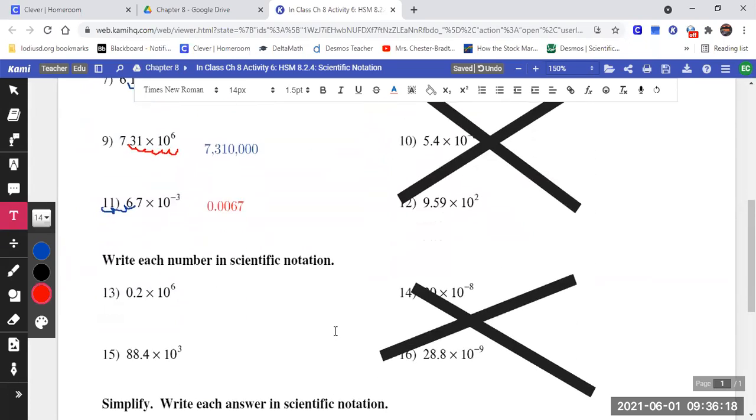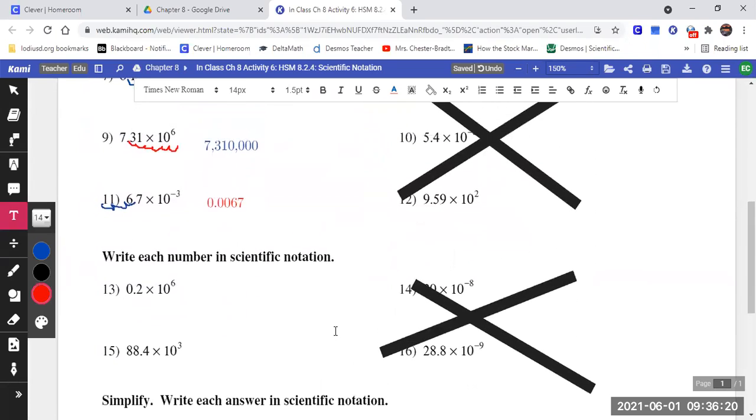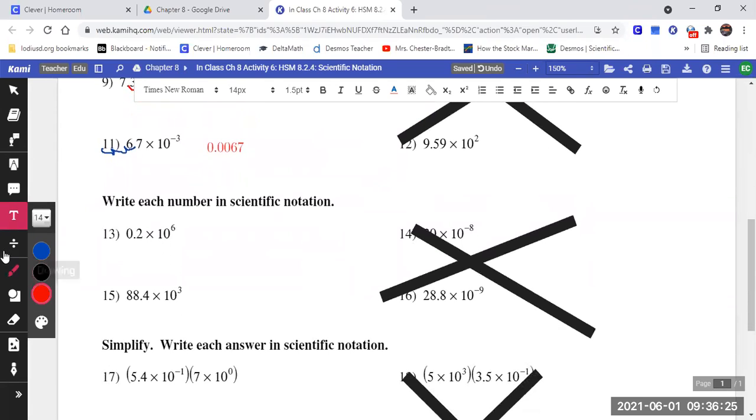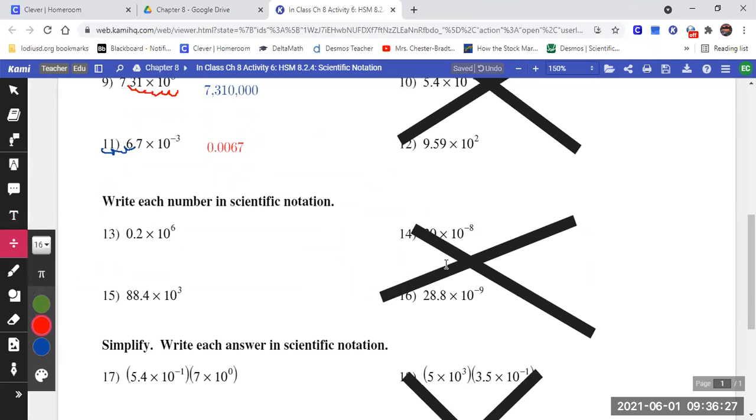Okay. Write each in scientific notation. What? Aren't these already scientific notation? They have 10 to those in them. Think back to what we said the format was.